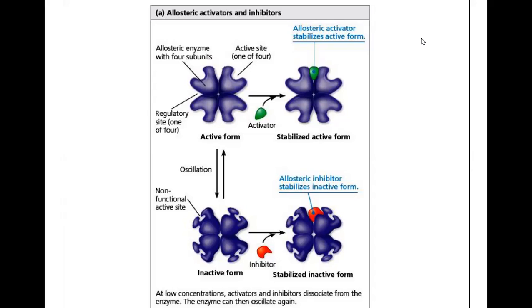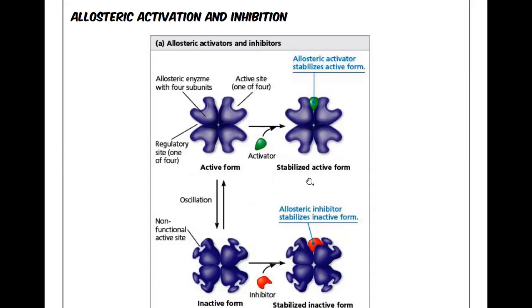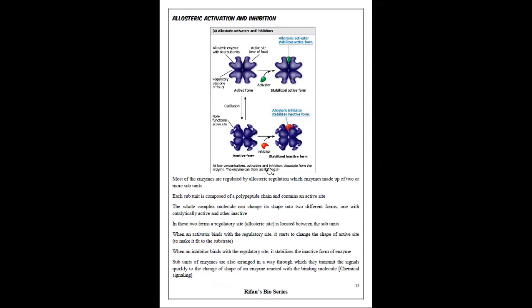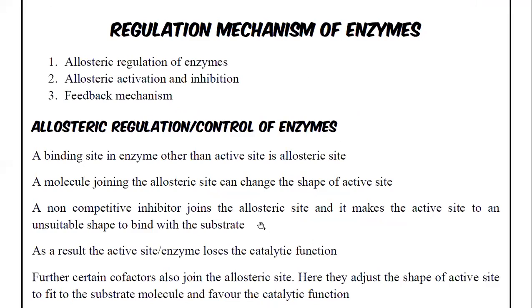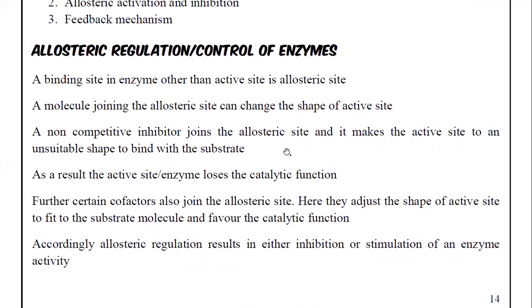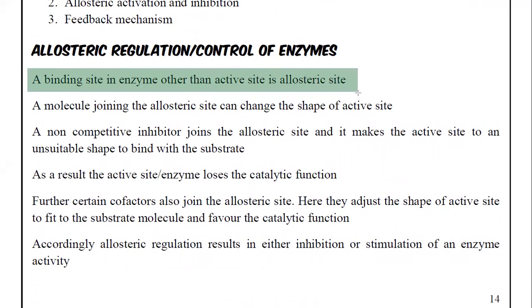So let's take the allosteric enzyme. If you take this note, the first point says, the regulatory site, a binding site in the enzyme other than active site, is what?